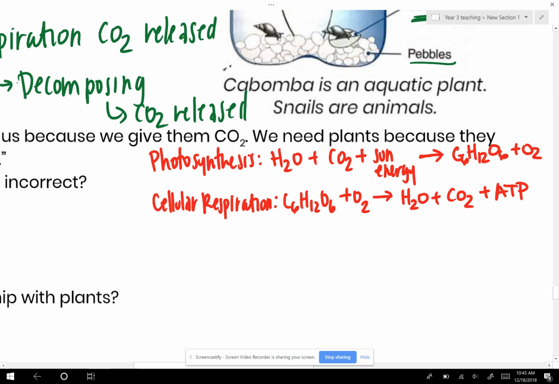What you see here is the same inputs, the same things that are made in photosynthesis. So this goes into this part right here, and then we look at this. The water and carbon dioxide that are inputs in photosynthesis are a byproduct in cellular respiration.